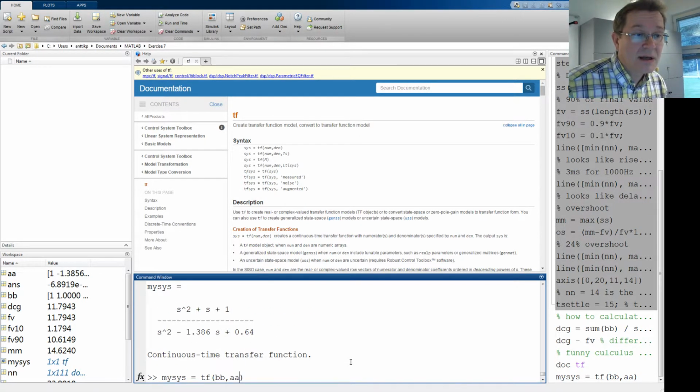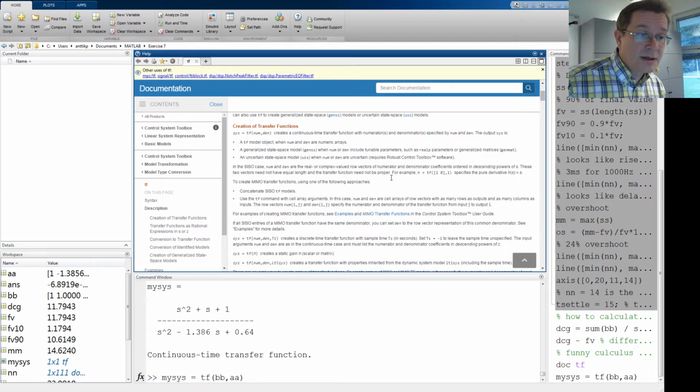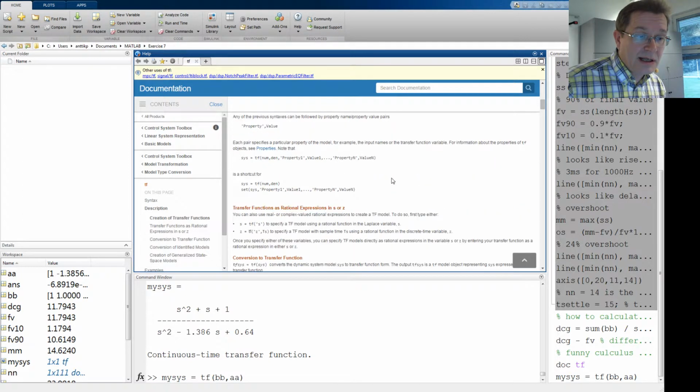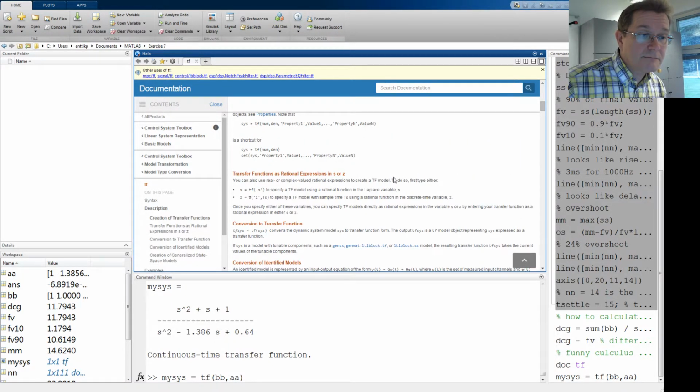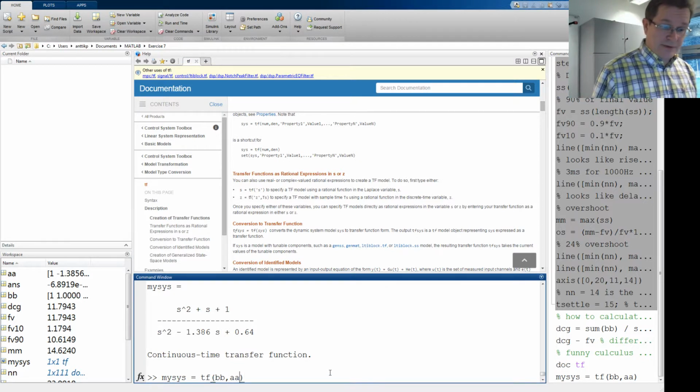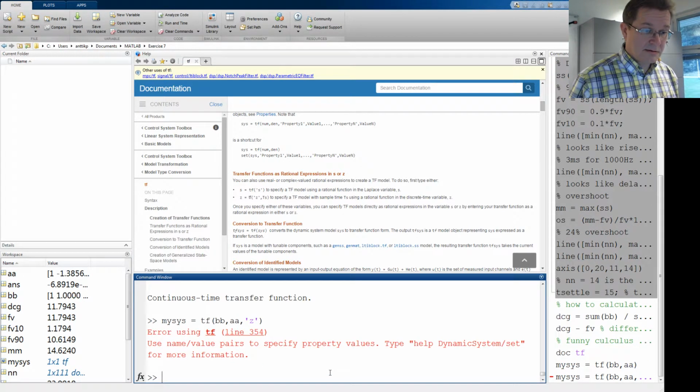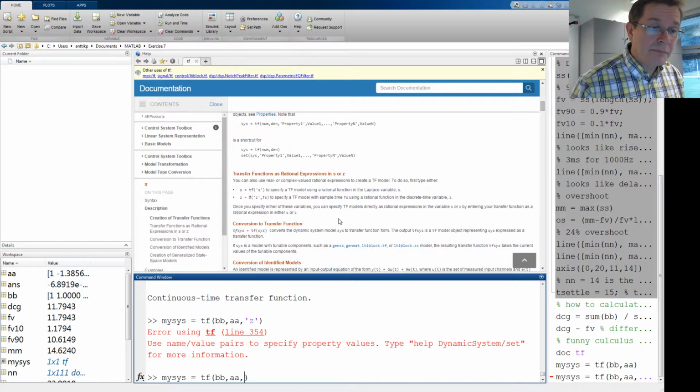Let's see. I think I need to tell it that this is actually a z transfer function. So like this. Oh, no. Okay.